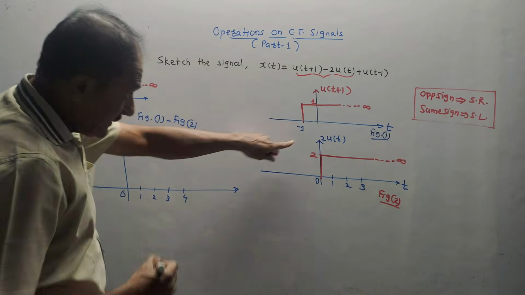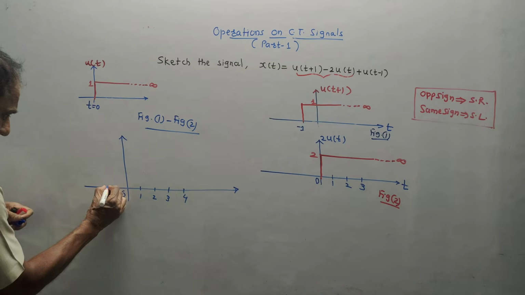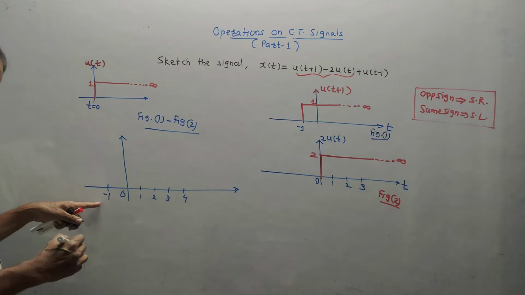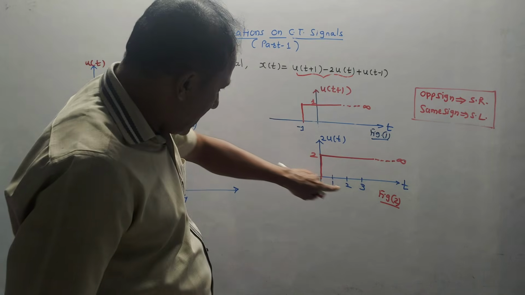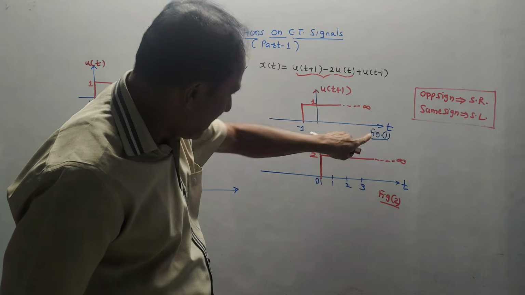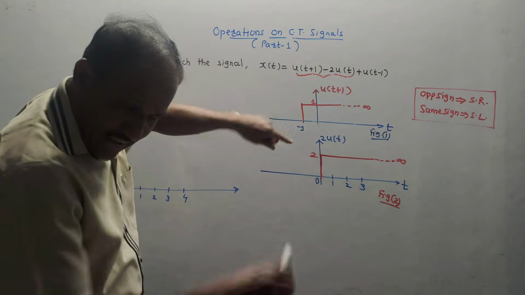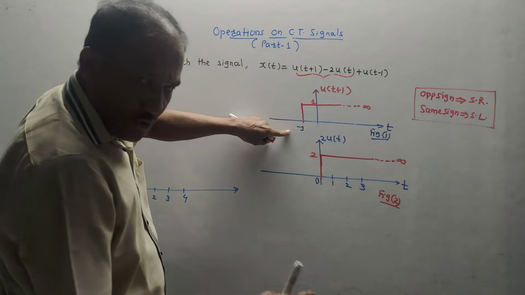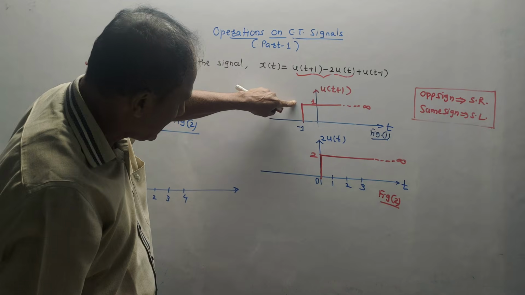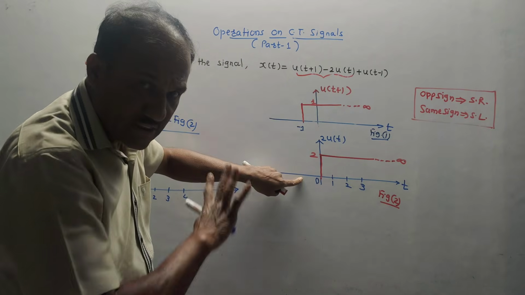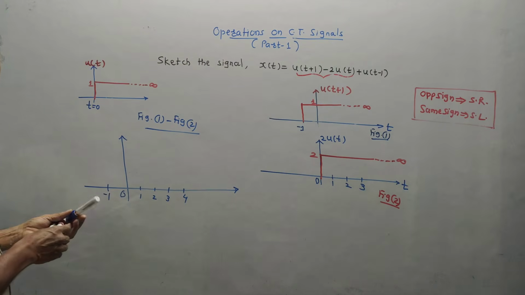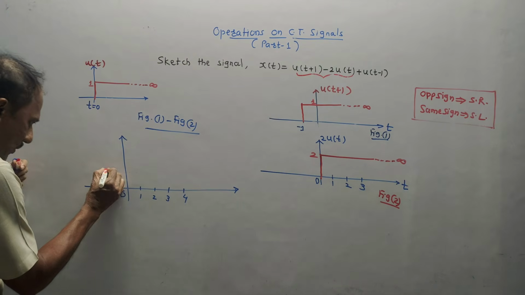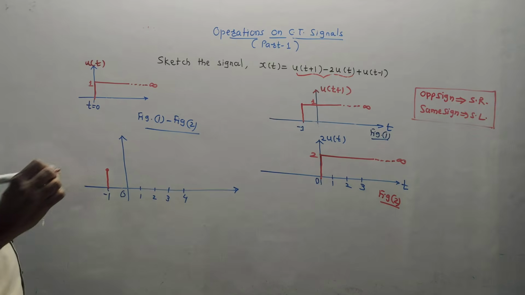Now this is starting from minus 1, so I need some negative scale also. This figure 2, I have to subtract it from figure 1. At minus 1, again like the previous case, you will have to think term wise. At minus 1, this amplitude is 1. At minus 1, signal is not present, that means 1 minus 0 becomes 1. So at minus 1, I will get a point of amplitude 1.